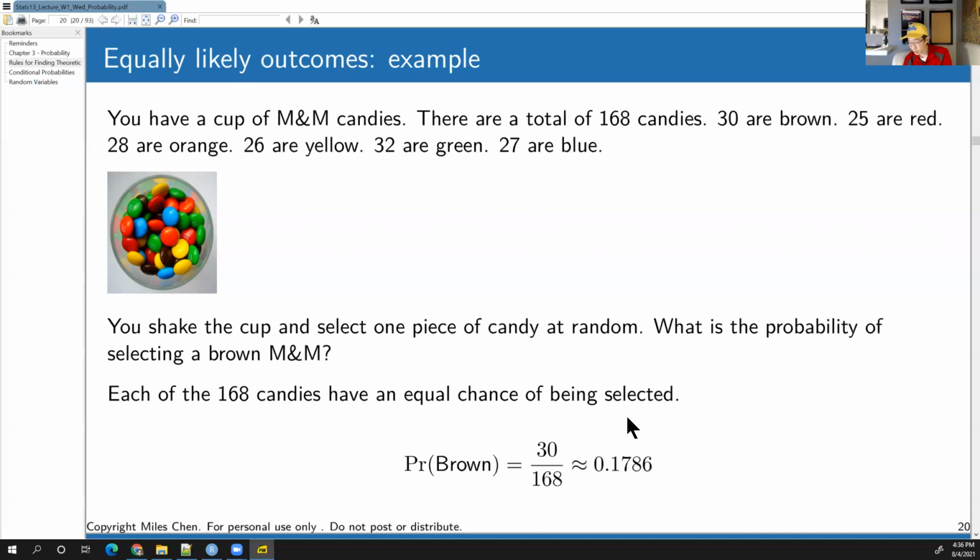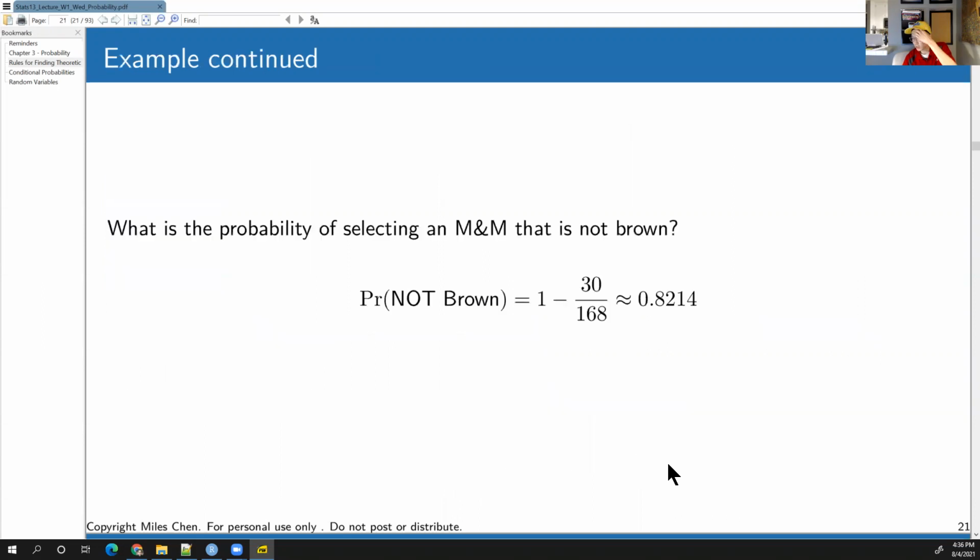Well, we're going to say all 168 pieces have an equal chance of being selected. Of those, 30 of them are brown, and therefore the answer is going to be 30 divided by 168, okay? And that's something like 18%, 17.86, 0.1786, okay? I don't think that's a surprise for anybody, right? That's simple, okay?